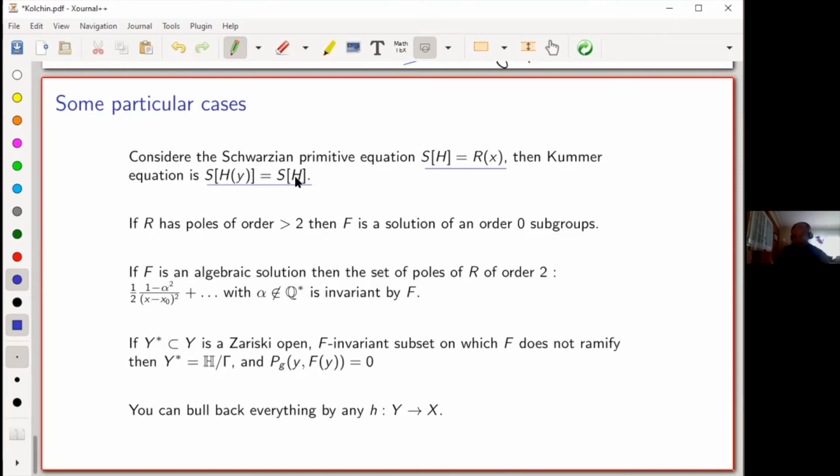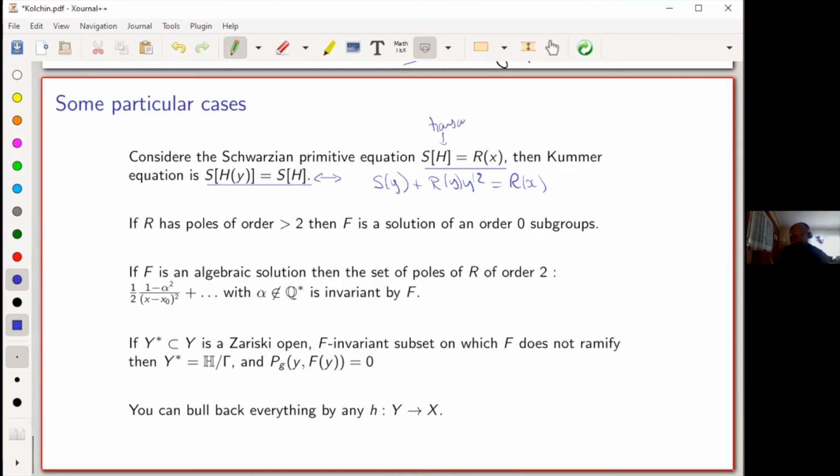Again, it's just computation to see that this will imply the Schwarzian of Y plus R of Y times Y prime squared equal to R of X. So it is equivalent. But you are using this, and this is no more algebraic. This is a solution of an equation.